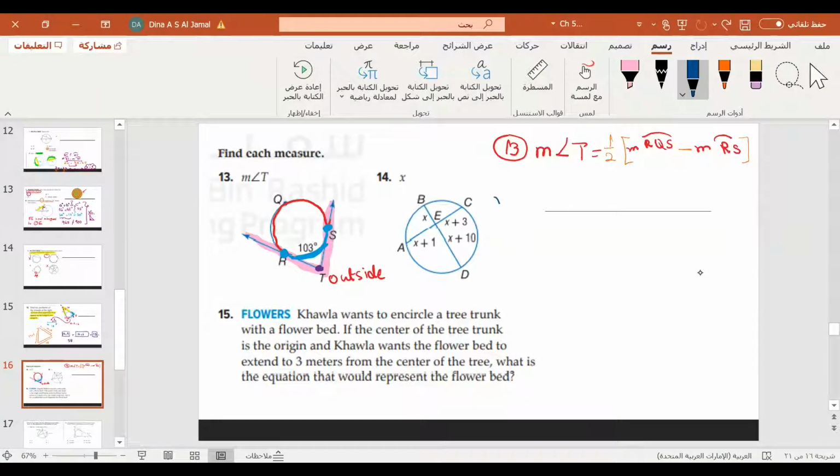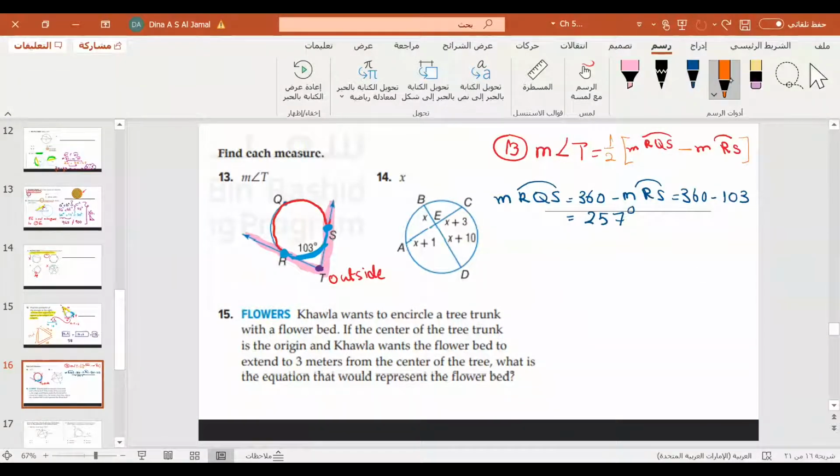That means the measurement of RQS is 360 minus the measurement of arc RS. So it is 360 minus 103, which gives you 257.